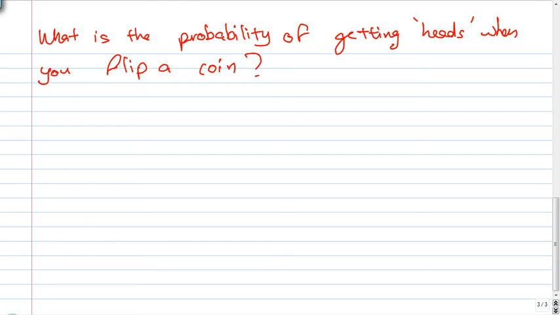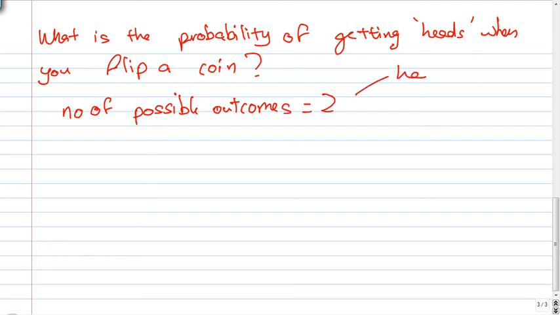What's the number of possible outcomes? The number of possible outcomes is equal to 2. You can get either heads or tails. But the number of favorable outcomes, which is heads in this case, is just 1.